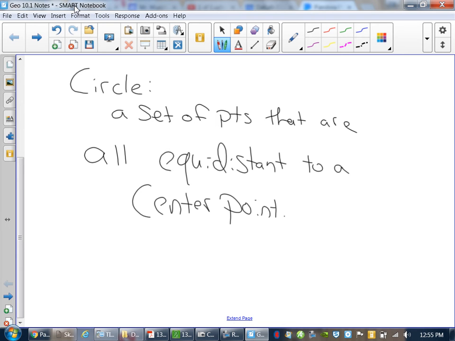Okay, so the reason that it's defined like that is because as you get into Algebra 2, you're going to talk about things that are called conic sections. Conic sections are circles, parabolas, ellipses, and hyperbolas.